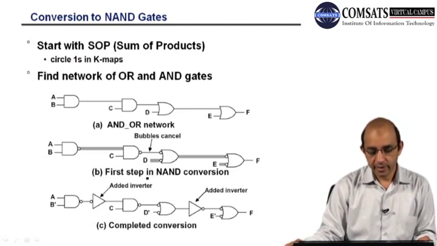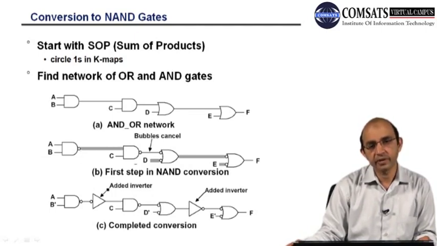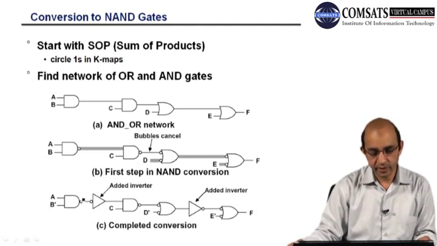And then because we have placed a bubble here, in order to balance it out, we have to add an inverter, because that bubble along with that inverter will cancel out each other's effects, so we will have this straight line. Here we have the two bubbles, so they already are cancelling each other.